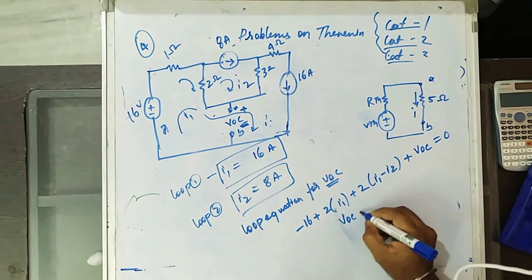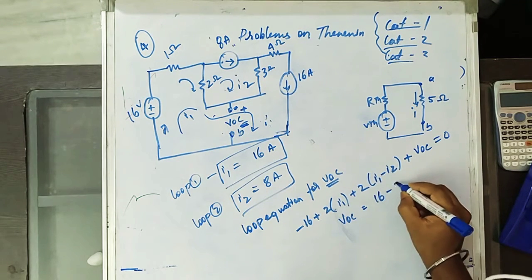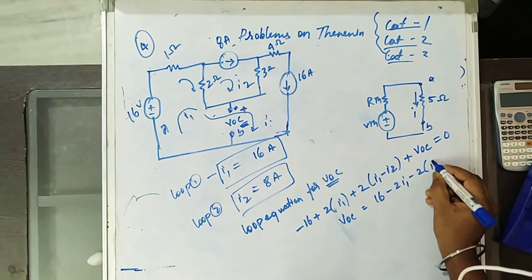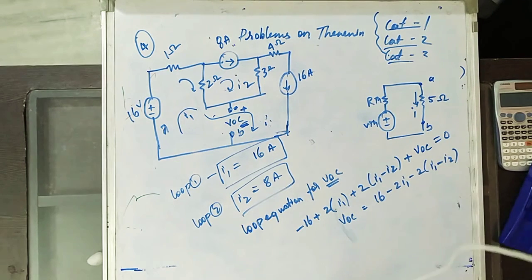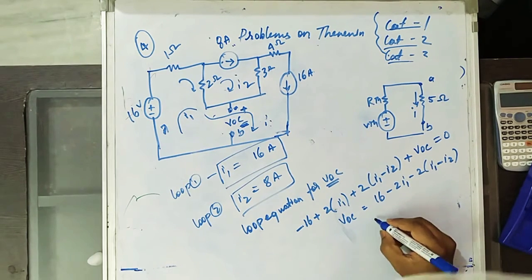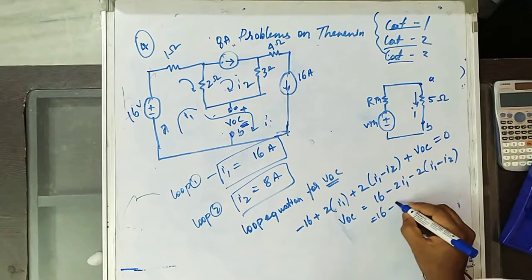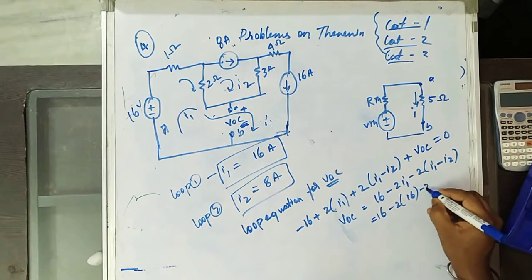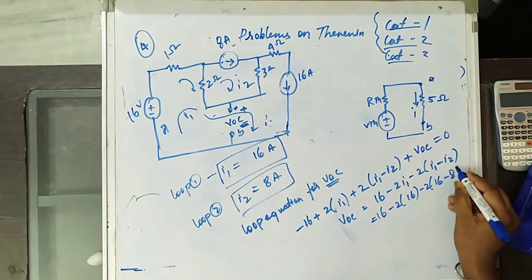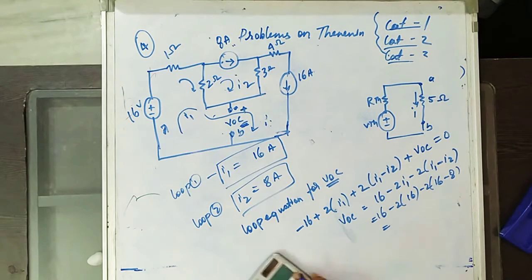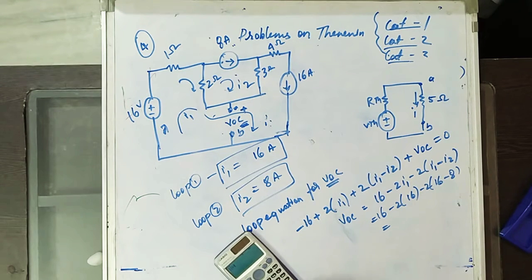So VOC equals 16 minus 2I1 minus 2 into I1 minus I2. Substituting the I1, I2 values here, you get 16 minus 2 into 16 minus 2 into 16 minus 8.